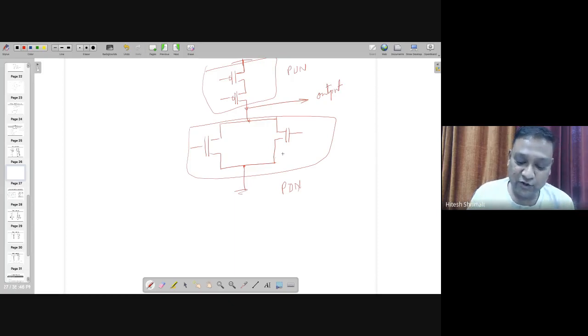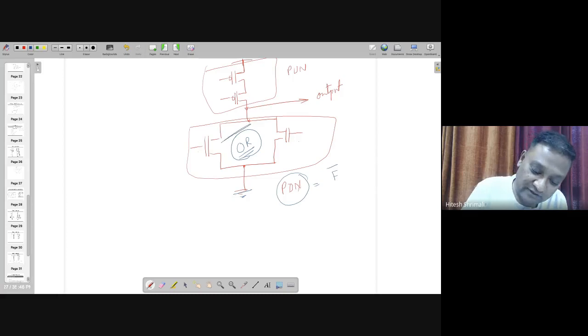Let's assume that because I like power down, I do everything with power down. You can choose power up also. But if you are choosing the power down, if two transistors are in parallel, they are making the OR function, right? And power down network is F bar. So bar has to be given, so bar of this one is going to give me NOR gate.